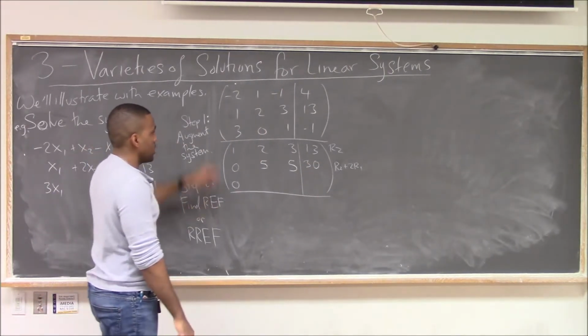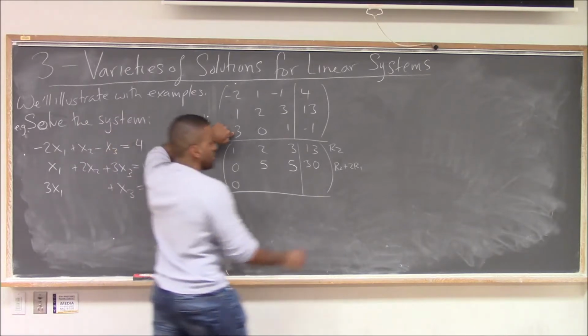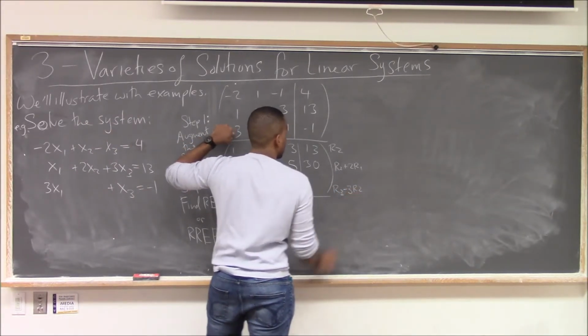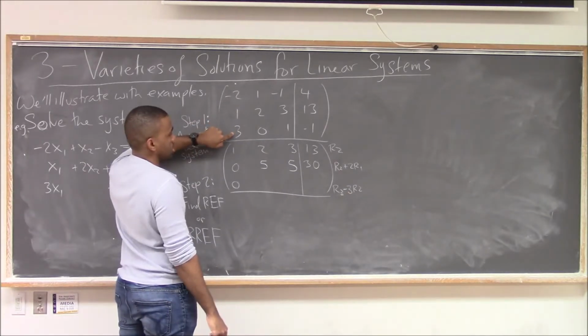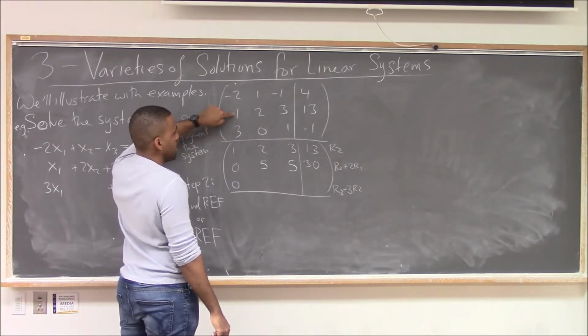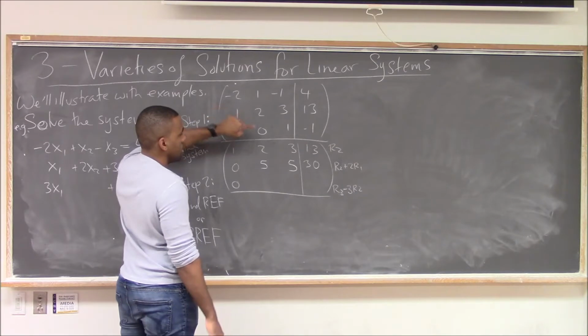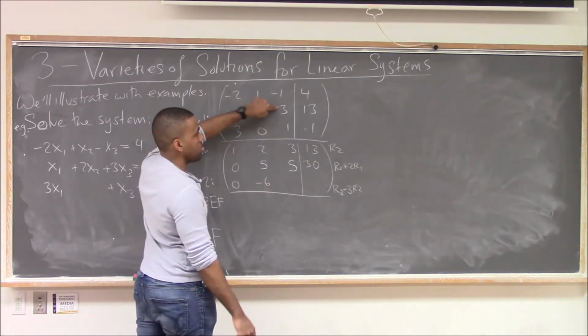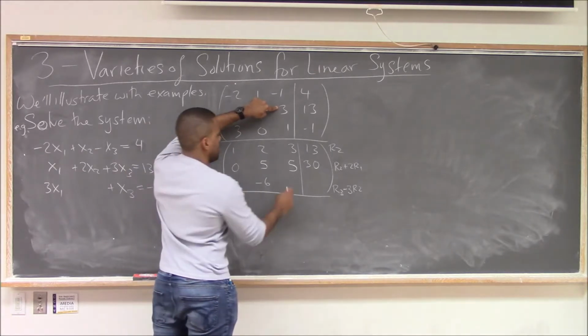And then I'm going to want to eliminate this guy, so probably what I would do is take row 3 minus 3 row 2. So this minus 3 is 0. This minus 3 times that is minus 6. This minus 9, 8.